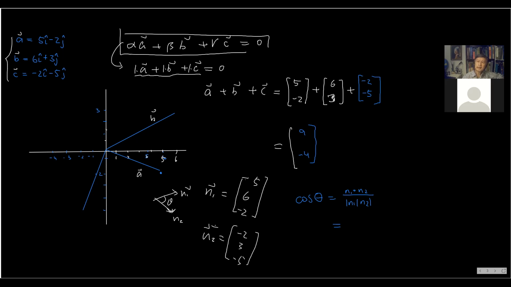These are exactly the coefficients they used here. I think in this case the angle is not 0, and it's not 90 degrees. Yes, it's between 0 and 90 degrees, right?